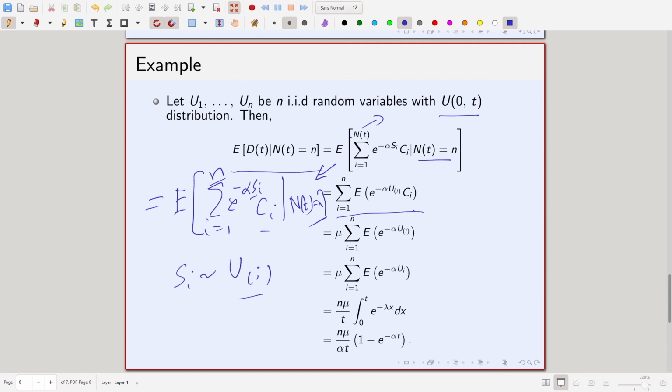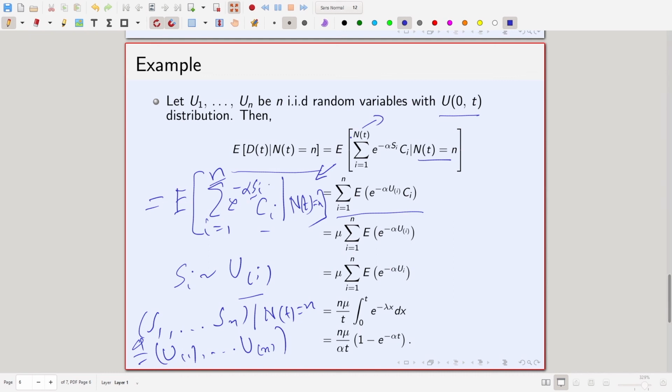So there are many things that I am doing here. First I am plugging in Nt equal to n, because it is given that Nt equals n. Also, the conditional distribution of S1 up to Sn given that Nt equals n is the same as the distribution of the order statistics of n Uniform(0, t) random variables.